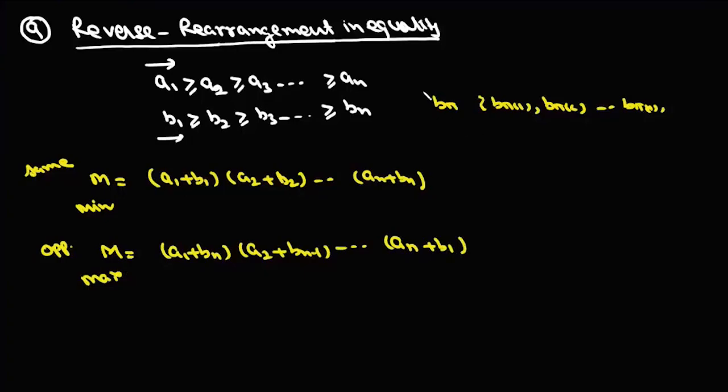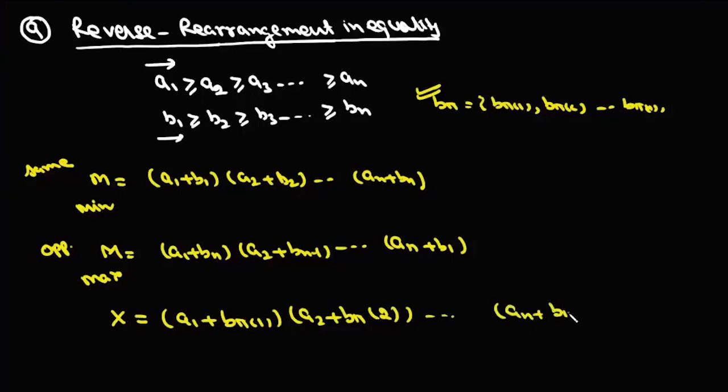And if we have any random permutation of B, B pi 1, B pi 2, B pi n, let us denote that product of sum as capital X. So it will be this (A1 plus B pi 1), (A2 plus B pi 2) up to (An plus B pi n).